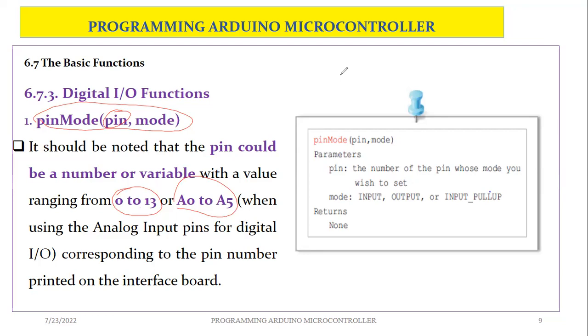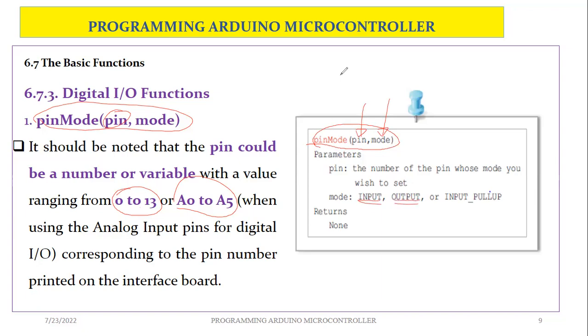Okay, so take note of that. Here we will put a number or a variable representing the pin that we want to set its mode. And then this mode here can be any of the three. It can be input in case we want to use the pin as input pin.